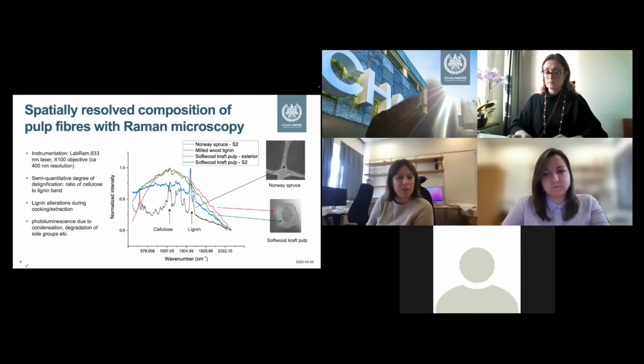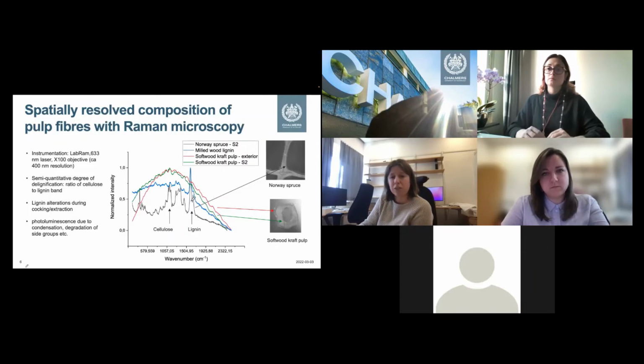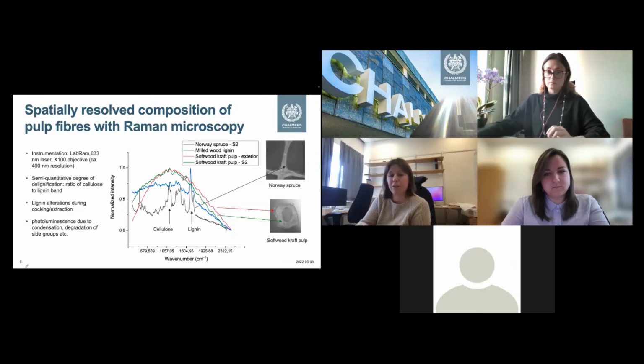And as mentioned before, with this it is possible to quantify lignin alterations during the processes. And of course, in some of the samples, a lot of photoluminescence is visible due to condensation and degradation of side groups, which could again be worked out by modifying the laser and intensity, and also with good background subtraction.